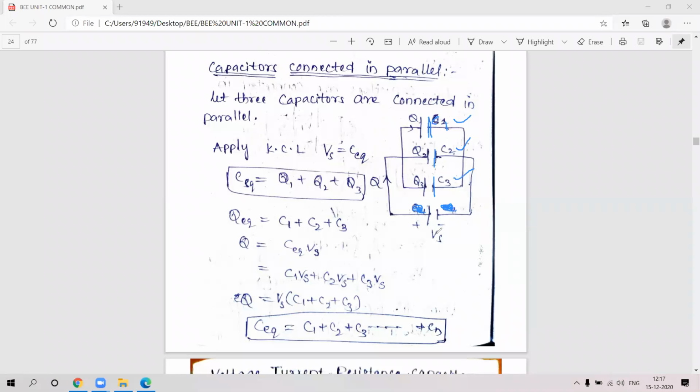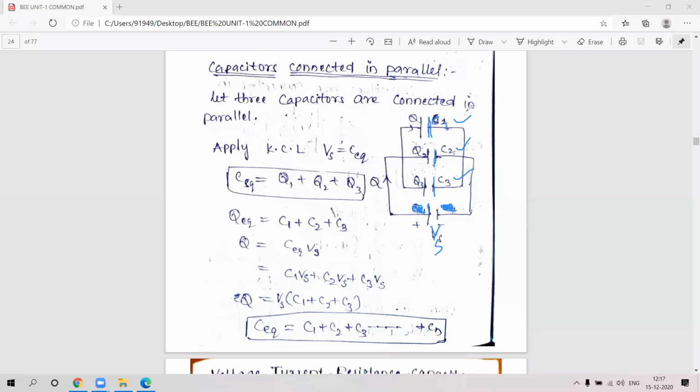They are connected to a voltage source Vs, the supply voltage. This is capital V, and the S is a suffix, meaning subscript. When they are connected in parallel, I need to calculate the equivalent capacitance.